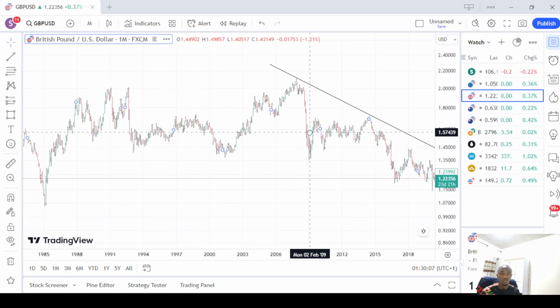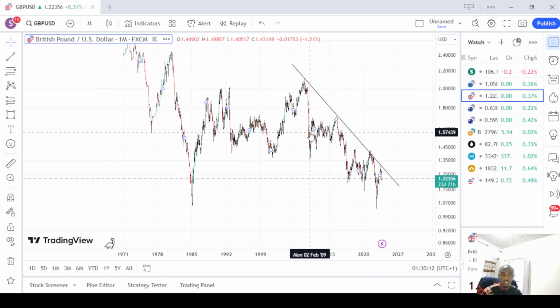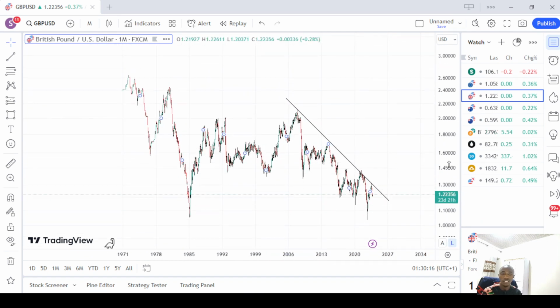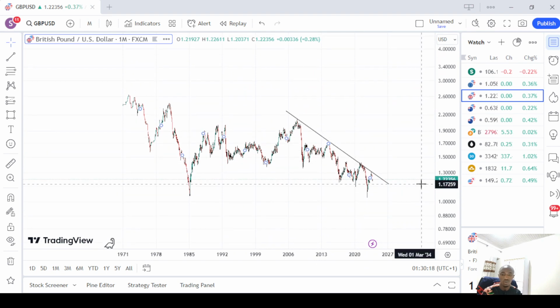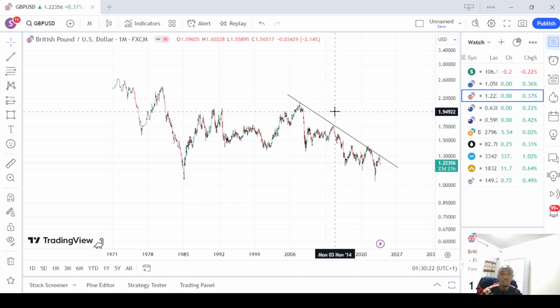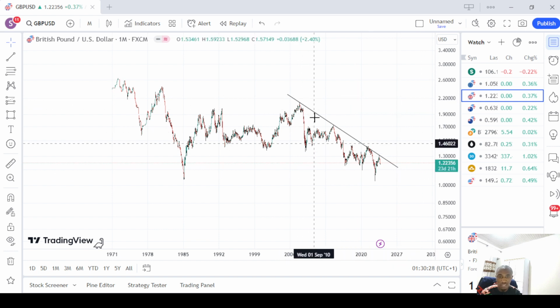So coming down, I'm going to zoom in so I can get all my zones. You can see the major trend from here down has been a sell trend.